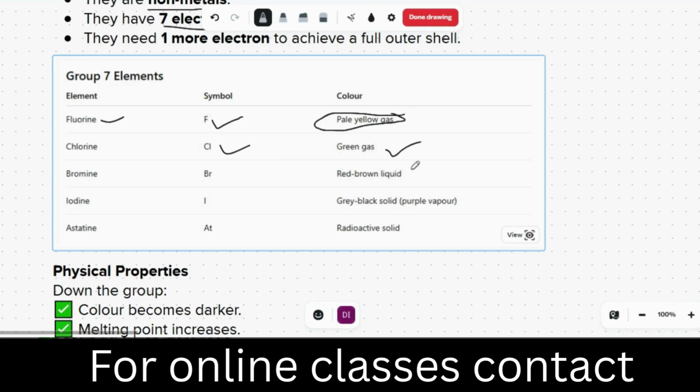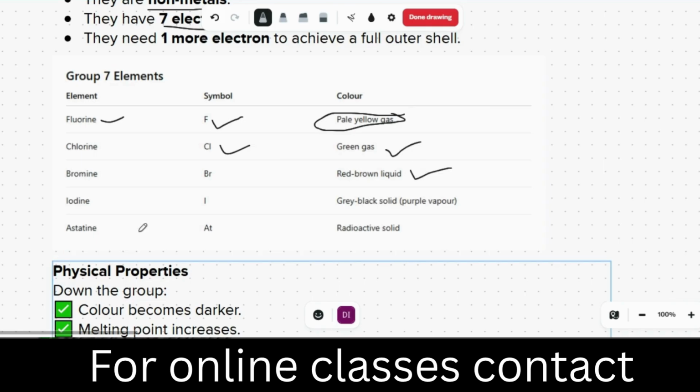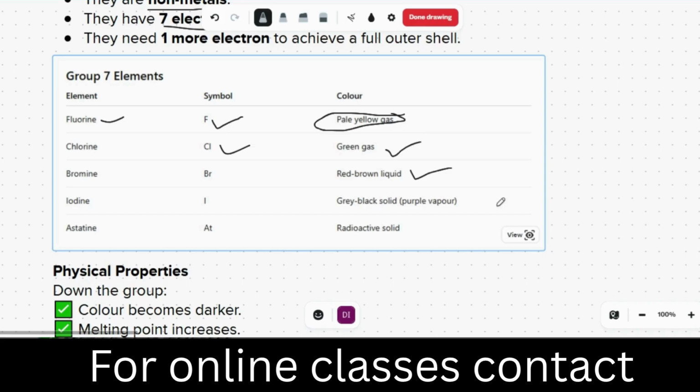Bromine is a red-brown liquid at room temperature. Iodine is a gray-black solid, the salt that we consume, but the type of iodine we have is mixed with sodium. Okay, and the last one is astatine, At, that is a radioactive solid.